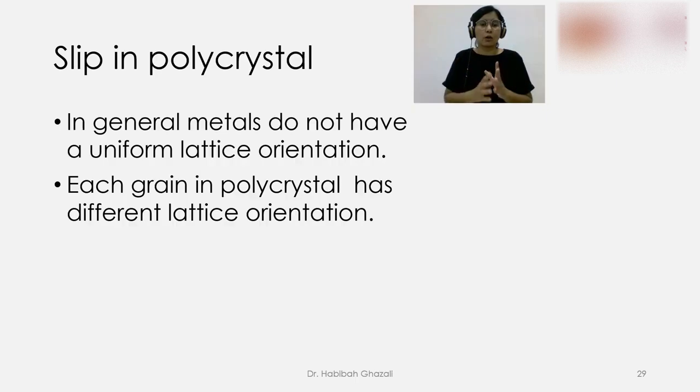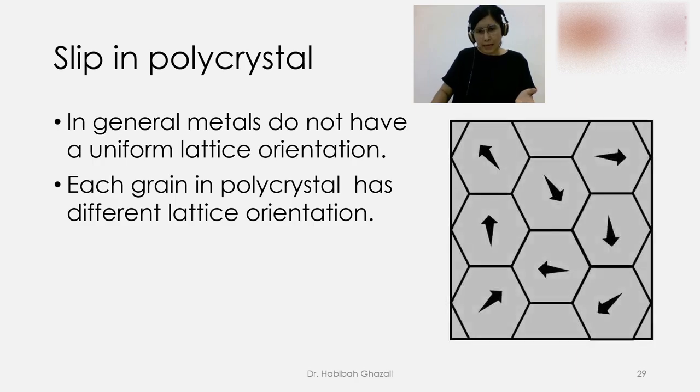Each of these grains has its own different lattice orientation. You can imagine each of these grains as a single crystal, but they are in one volume. One grain has one direction, another grain has another direction.